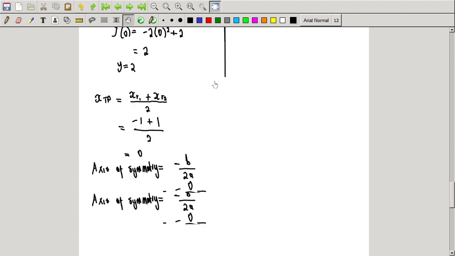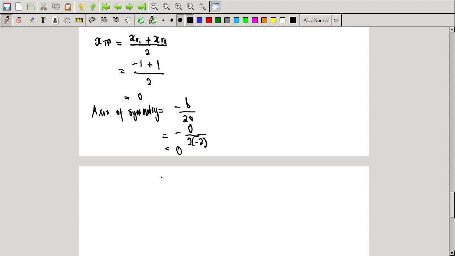It means the y-intercept is equal to the y coordinate of the turning point. Nice. Okay.